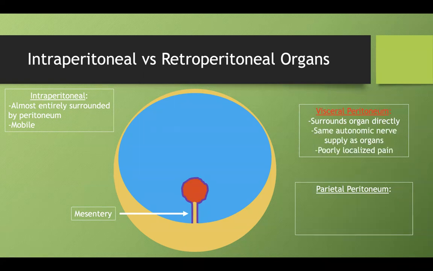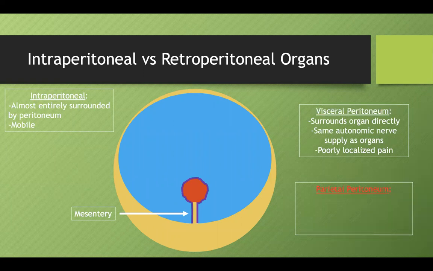And what that means is that if you ever have pain or irritation in this area, it's going to be poorly localizable. If you think about somebody who has a heart attack, it's not like they feel that pain directly in their chest, right? It's usually a diffuse pain, where you might have jaw pain, you might have stomach pain. It's very poorly localizable. And the same thing can be said for this because it shares the same nerve supply as the organ. It's very poorly localizable.